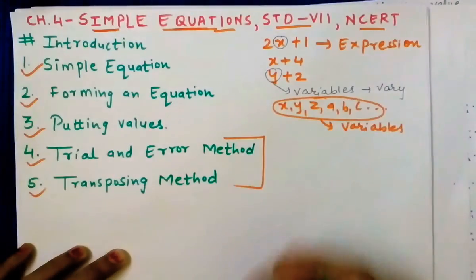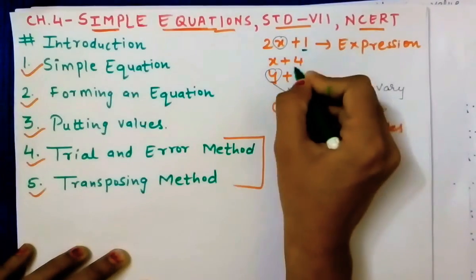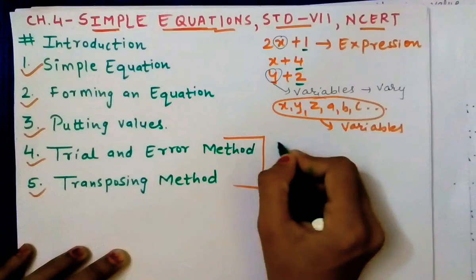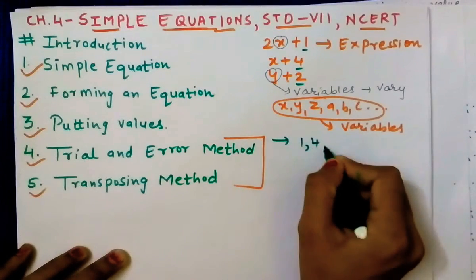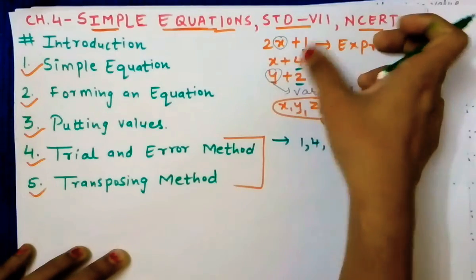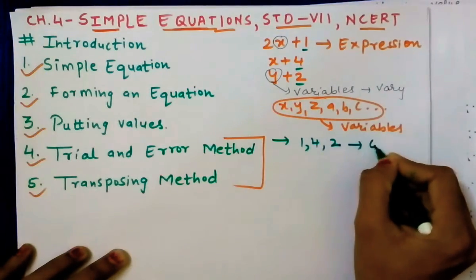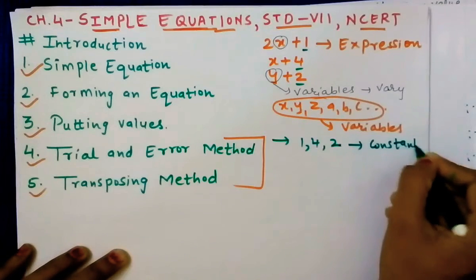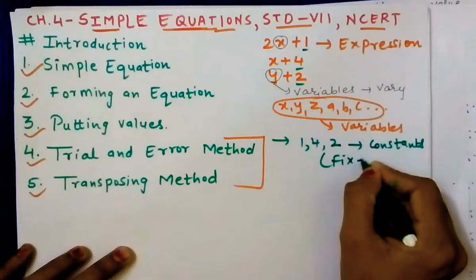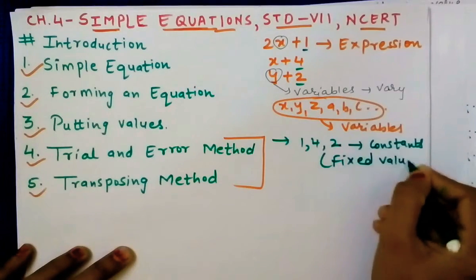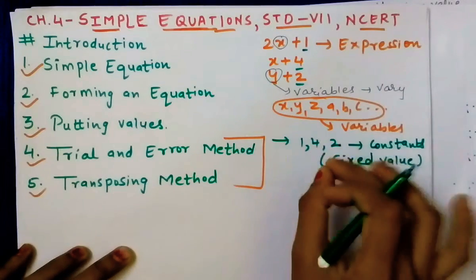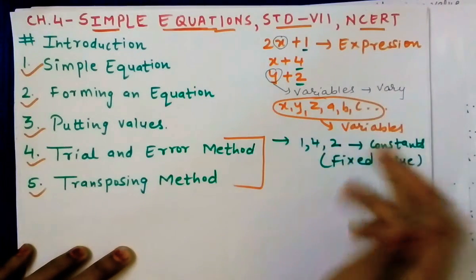So this x, y, z is called variable, and this part, 1, 4 and 2, is called the number or numerical part. This 1, 4 and 2 has only numbers, there is no variable attached. So these are called constants. Constant means it has a fixed numerical value. 1 means 1, 4 means 4 and 2 means 2.